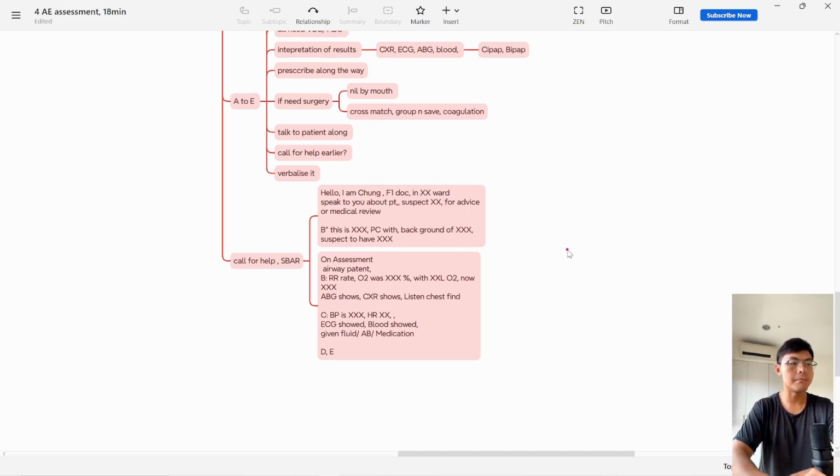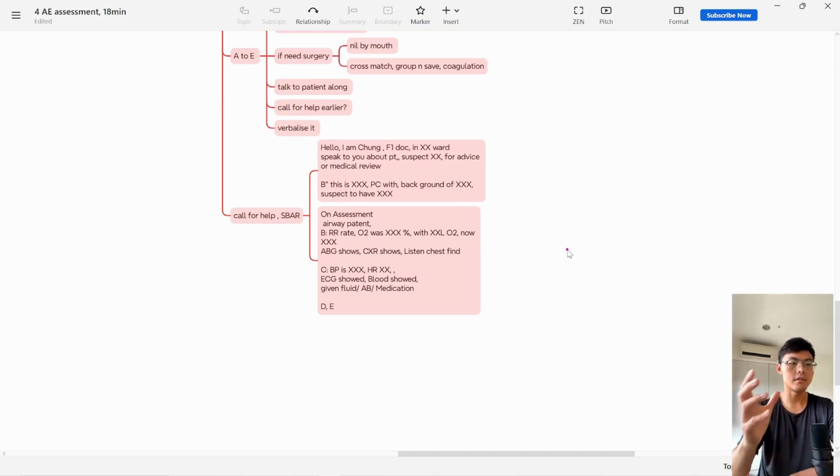So going on to the B, background. You go into slightly more detail. So this patient, 55-year-old John, chest pain, coughing up green sputum. He has a background of COPD, significant smoking history, and we suspect this and that.